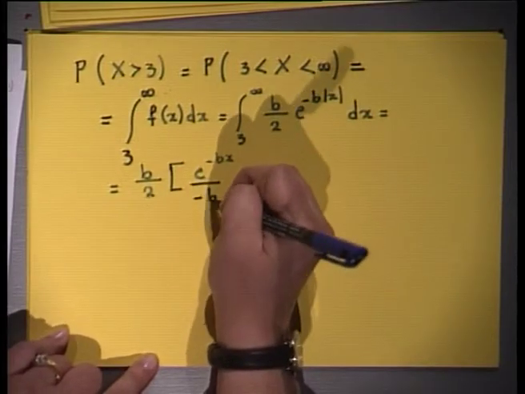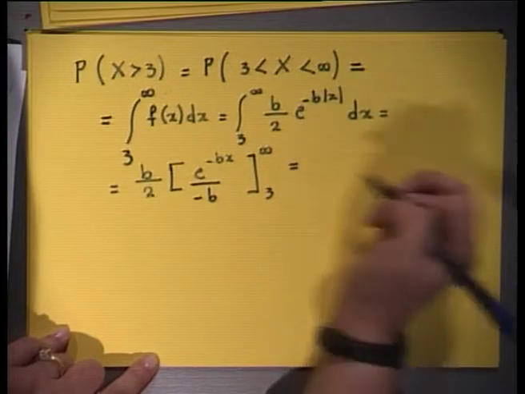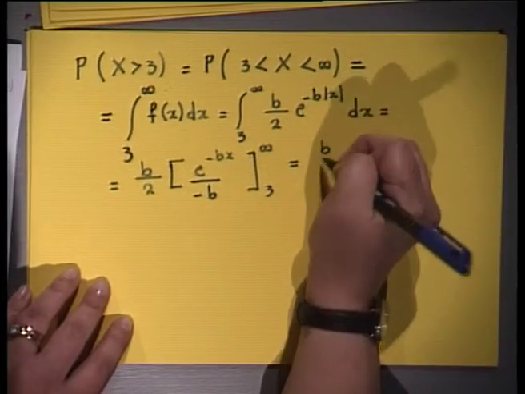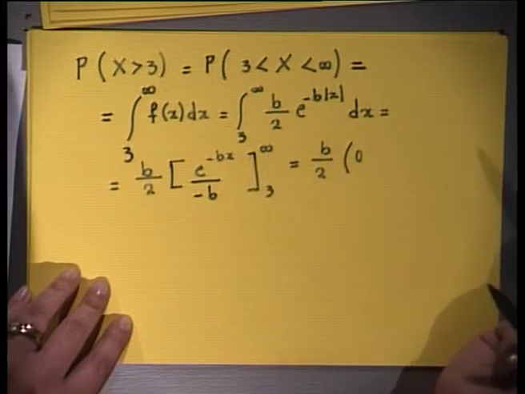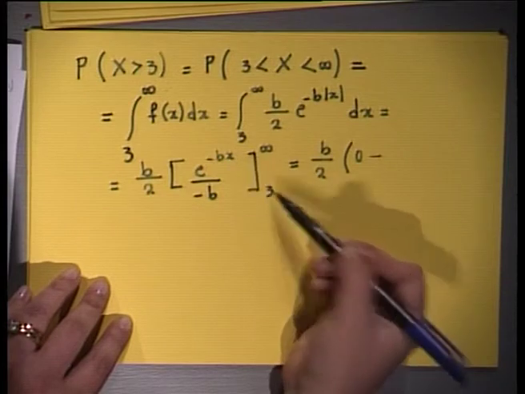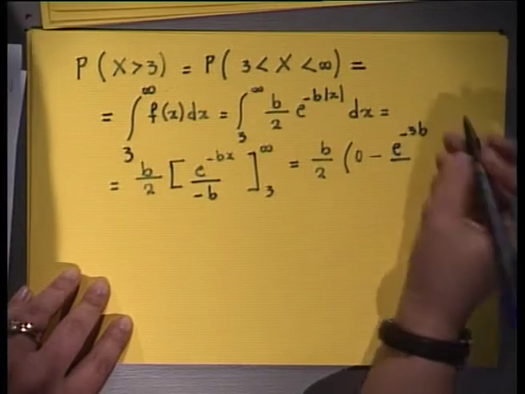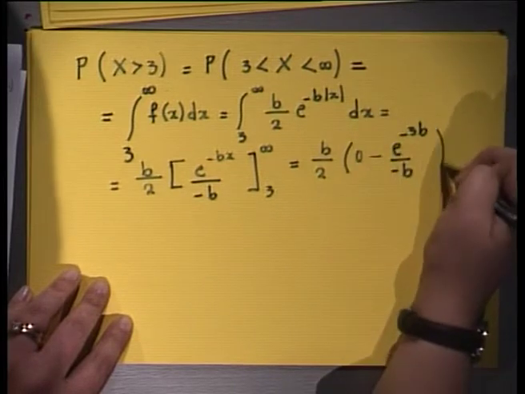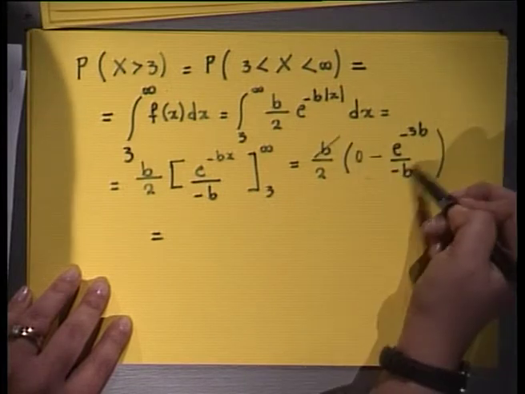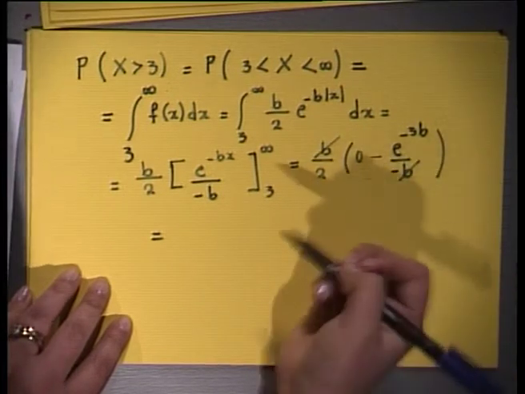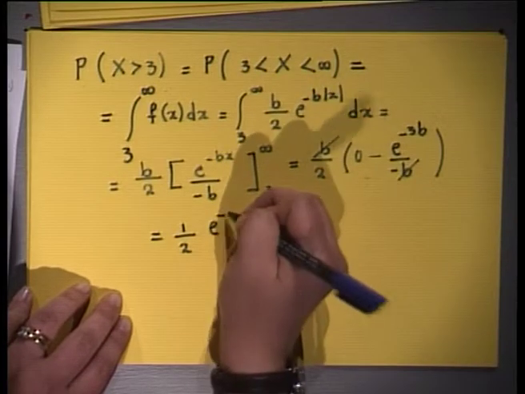So from here, we calculate, and this will be equal to, this will be 0 if we put where x is infinity, and where x is 3, we get this value. So we see that b and b will cancel out, and so this is half of e to the minus 3b.